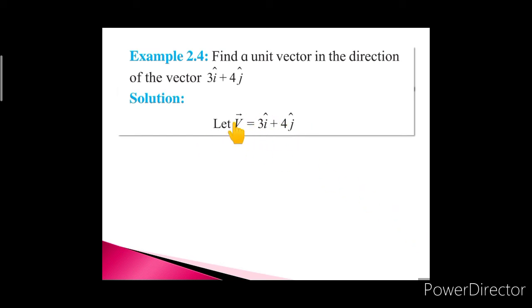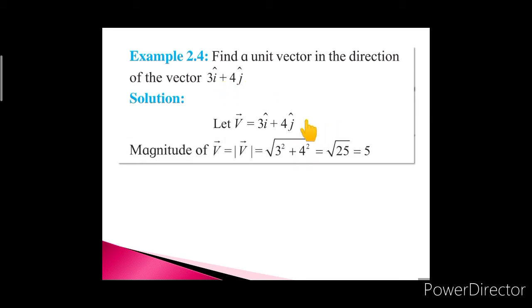We write vector v is equal to 3i cap plus 4j cap. As we know, a vector is written as the product of its magnitude and the unit vector along a given direction. Here we have to find out the unit vector.